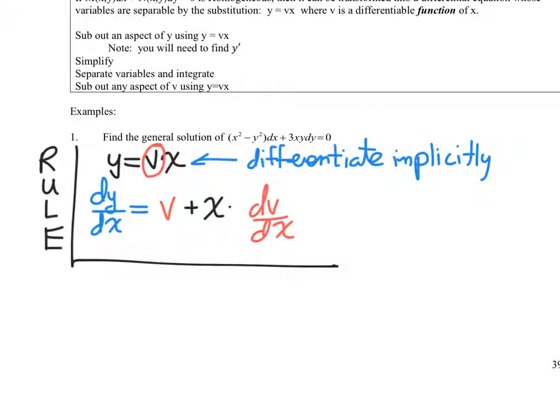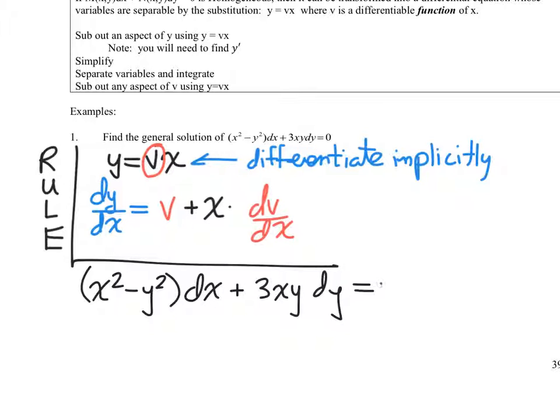All right, but I'm going to go back to my original function, x squared minus y squared, my original differential equation, 3xy dy equals 0. I'm going to solve it for dy dx. The reason why I'm going to do that is because it's going to make it much easier to perform a substitution.